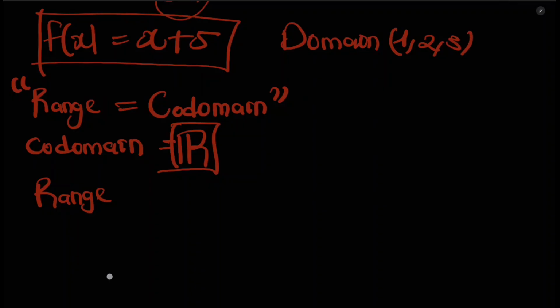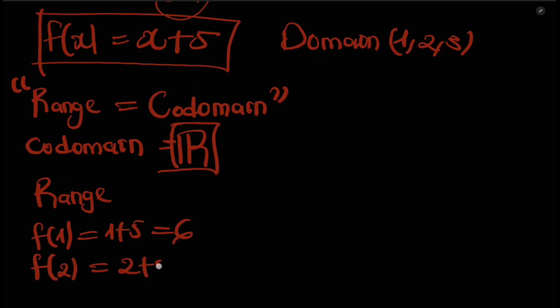Now let's start with f of 1. We have 1 plus 5, which is equal to 6. We have f of 2, which is 2 plus 5, which is equal to 7. And we have f of 3, which is 3 plus 5, which is equal to 8.